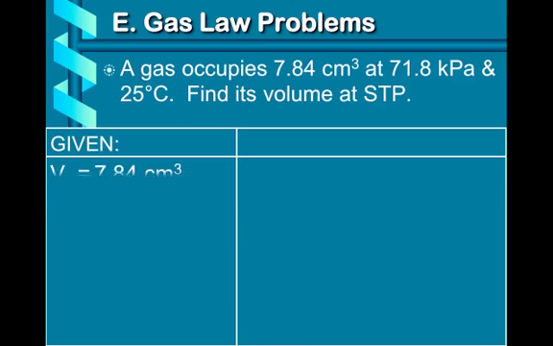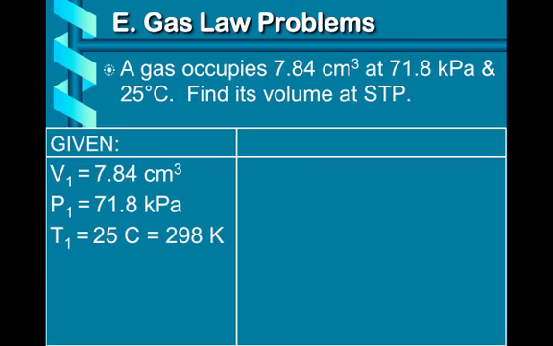So let's look at what we are given. Our initial volume is 784 cubic centimeters. Our initial pressure is 71.8 kilopascals. And our initial temperature is 25 degrees Celsius, which we remember we must convert to Kelvin by adding 273. Our final volume is what we're looking for. Our final pressure is 101.325.